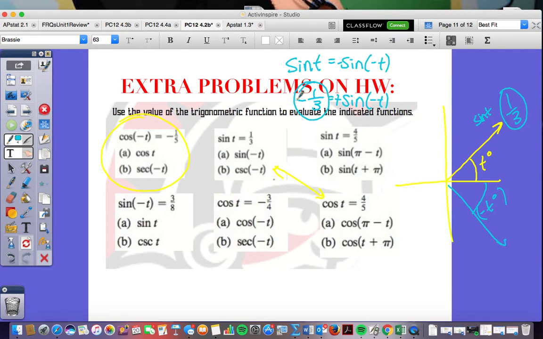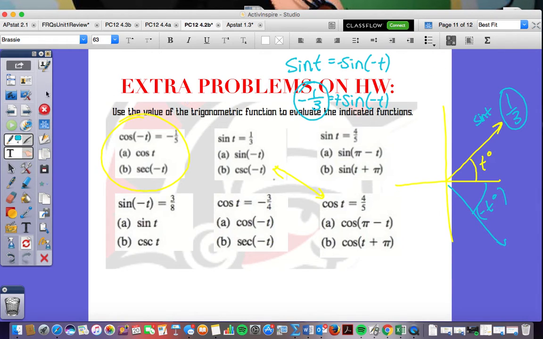We call that even. So even is symmetric over the y, whereas odd is symmetric over the origin. And so these are linked to the definitions. Cosecant flips x and y, and it's negative as well. All right, thoughts there? Are we good?